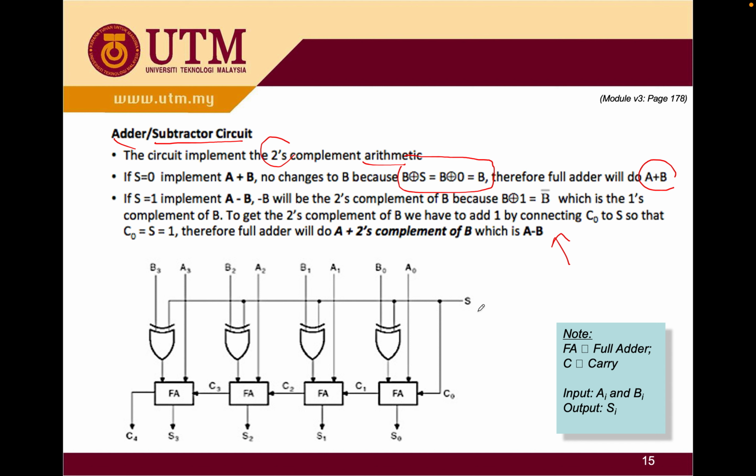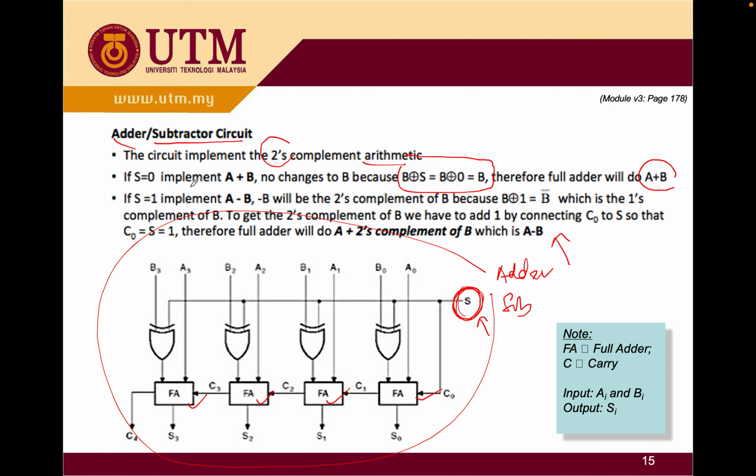You can see here, this is a combination of your full adder, full adder, full adder, and all these circuits will combine together so that it can act as an adder and also a subtractor, depending on the value of your S here.